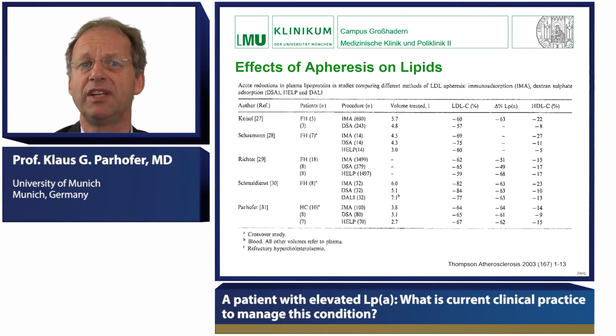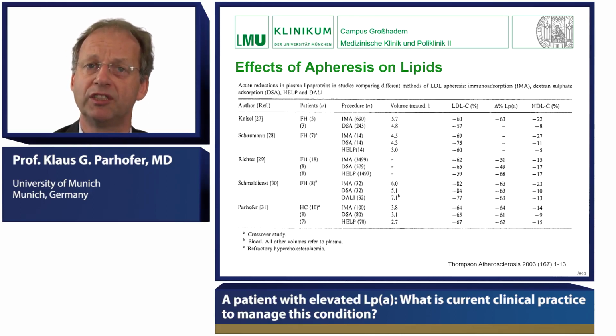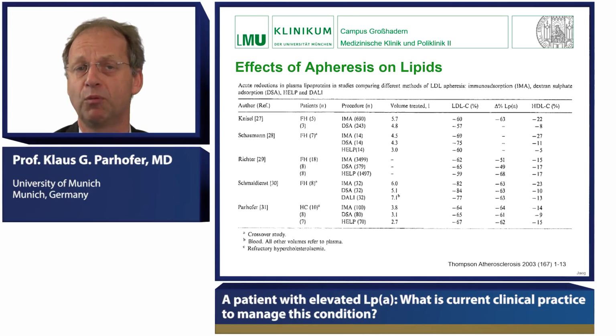And very similarly, lipoprotein(a) concentrations can also be decreased to approximately the same extent. This is not very surprising because apheresis usually is based on the elimination of ApoB-containing lipoproteins, and lipoprotein(a), just like LDL, contains ApoB and therefore is decreased to a similar extent.